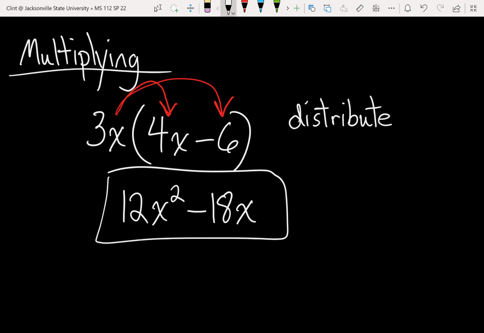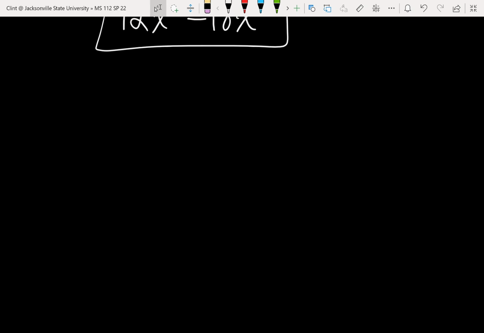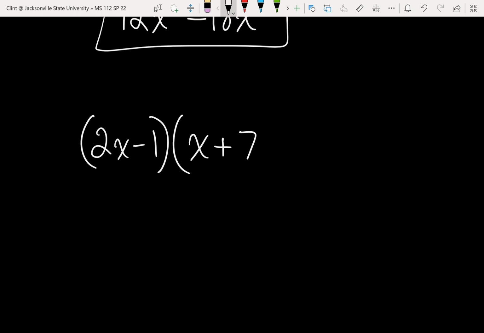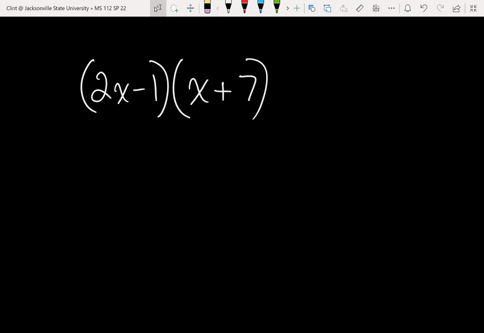All right, we got another technique that comes into play a lot. Really, it's just the distributive property again, in a situation that looks a little different. This time our first expression has two terms and our second expression has two.